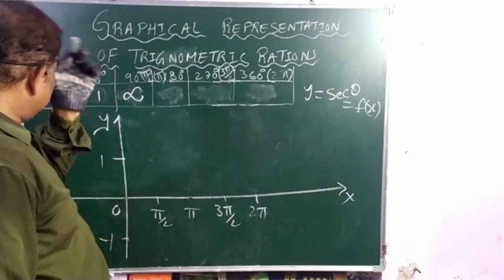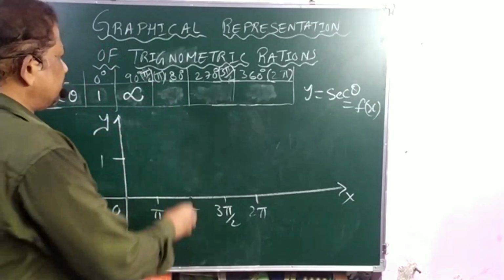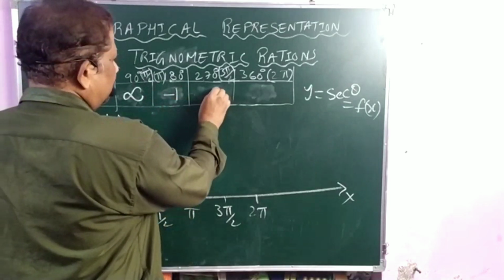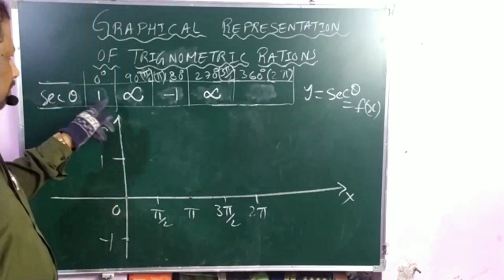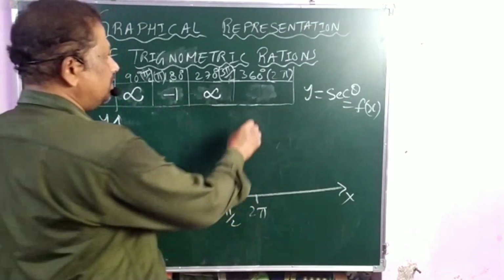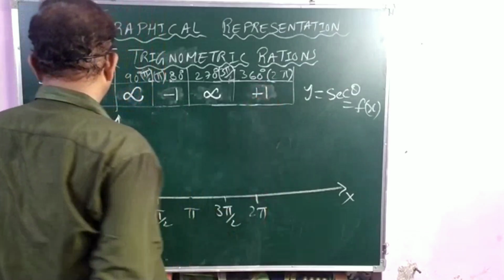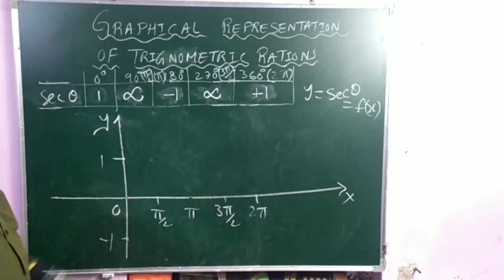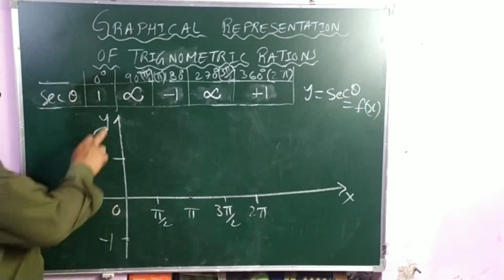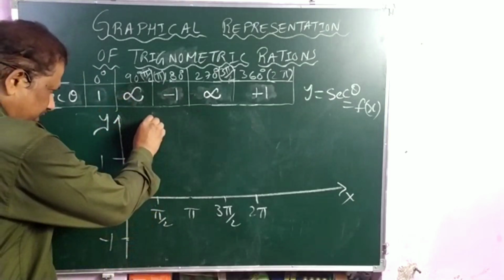So this is minus 1, infinity. So 1, minus 1, infinity, plus 1. Because it falls in the fourth quadrant, near the fourth quadrant it touches, plus will come. So now carefully observe where you will get infinities: at 90.